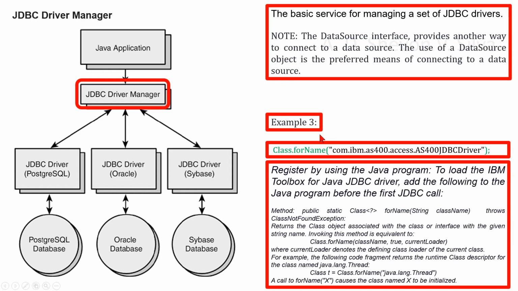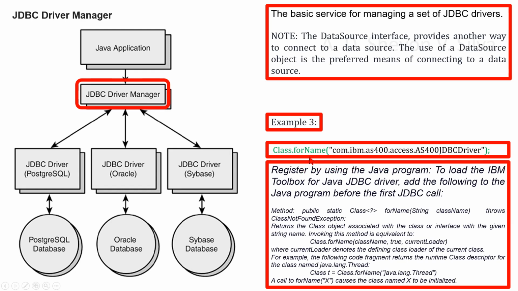As example 3, we can consider this code segment. Register by using the Java program to load the IBM Toolbox for Java JDBC driver. Add the following to the Java program before the first JDBC call.